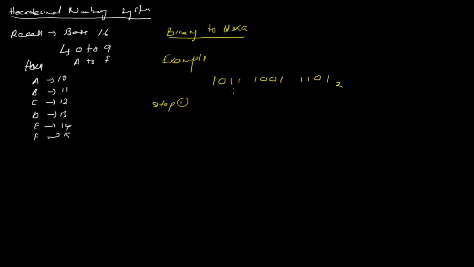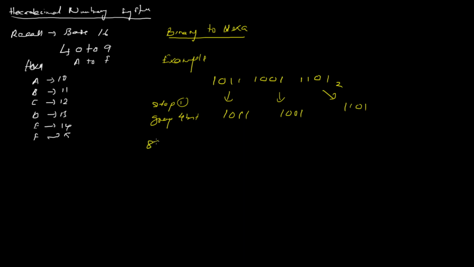Here is grouping into 4 bits: 1 0 1 1. Since I already left the space, I find it easy to put these binary numbers into groups. So now I have these numbers.